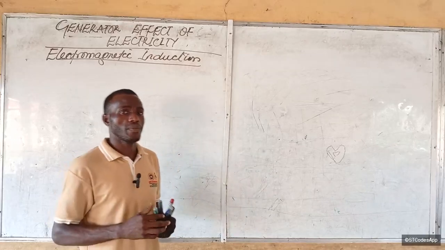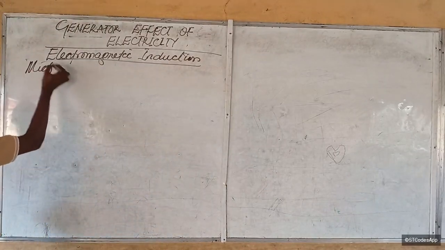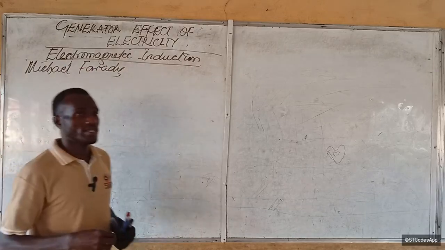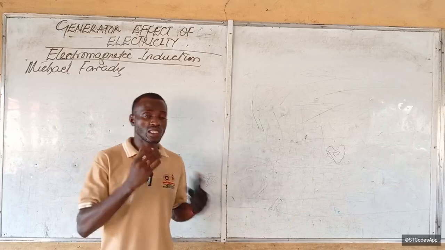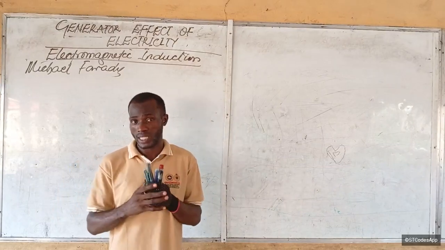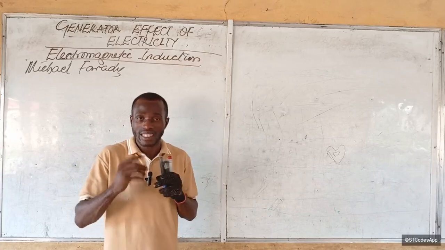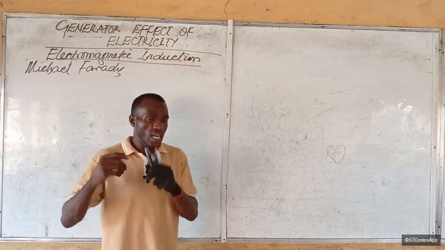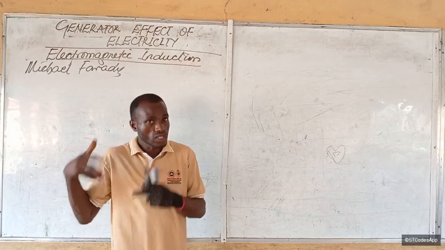Now this is it. In about 1845, Michael Faraday carried out several experiments because of the link that had been discovered between electricity and magnetism. Remember, by Hans Christian Ørsted in 1820, it had been discovered that a current carrying conductor had a magnetic field, that is, electricity generated magnetism.